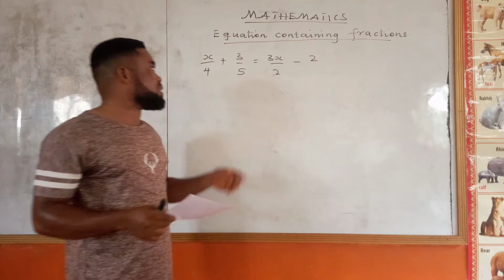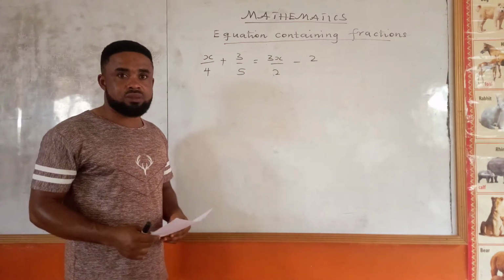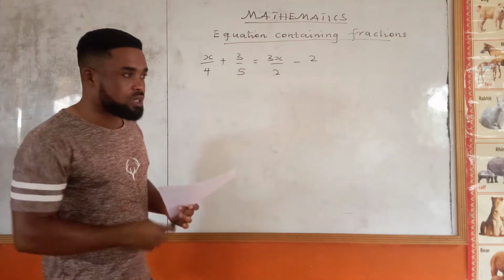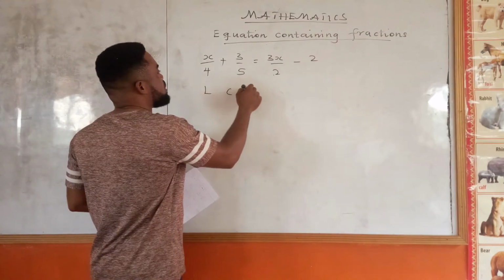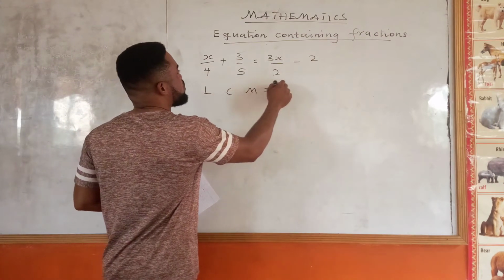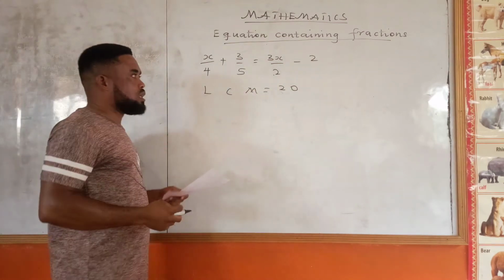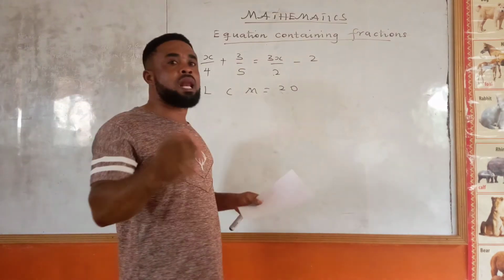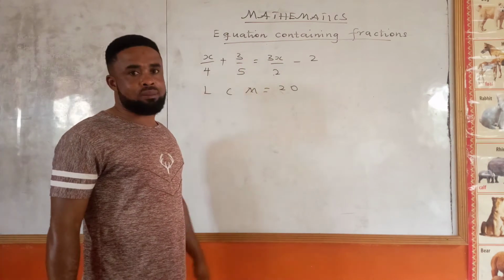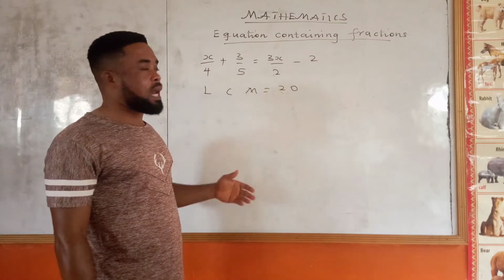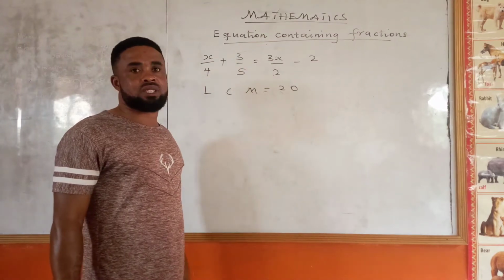So we say the LCM is 20. So you put down your LCM equal to 20. After that, you multiply the LCM by every term, or you multiply every term by the LCM.